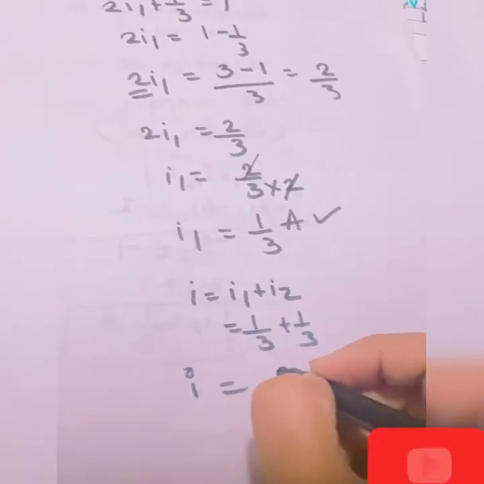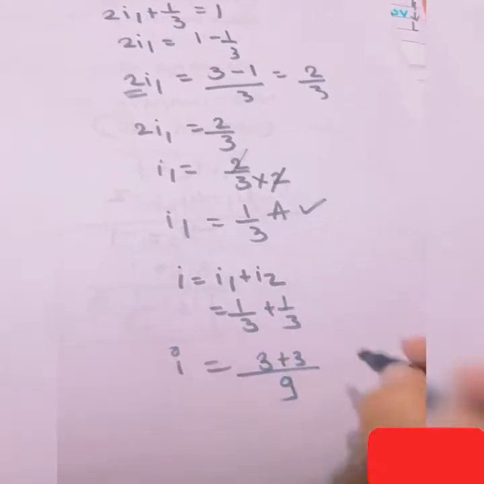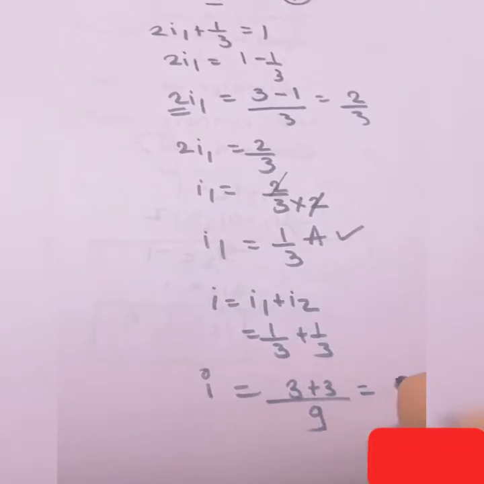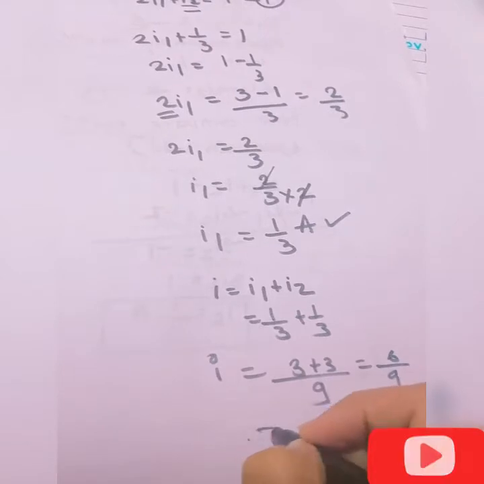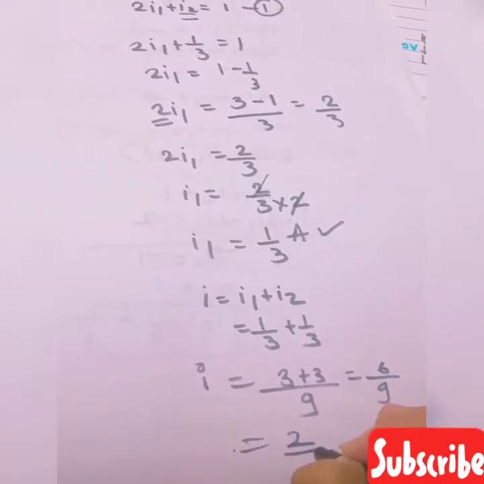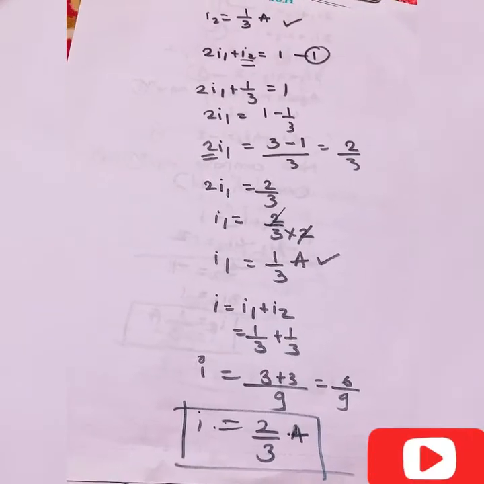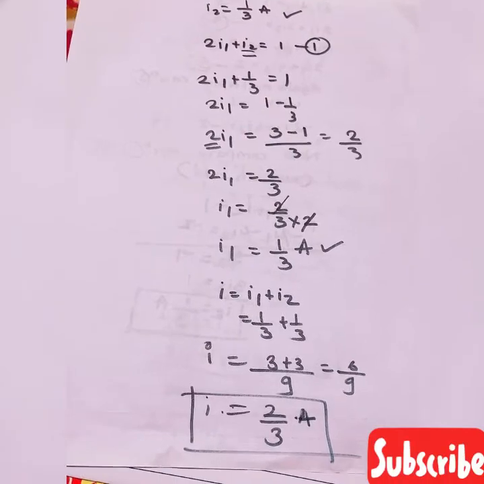You can solve by cross multiplication or by taking LCM, any way. So it will become 2 by 3. So students, this is the way of solving the two loop equations.